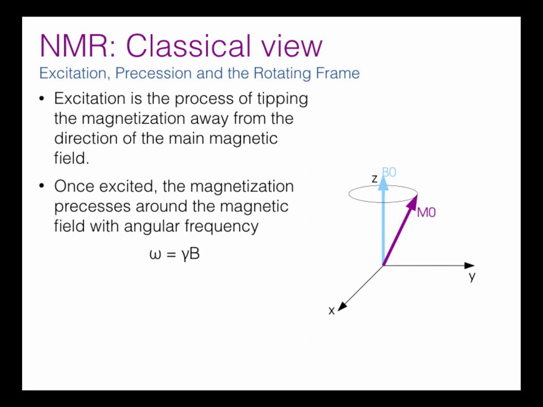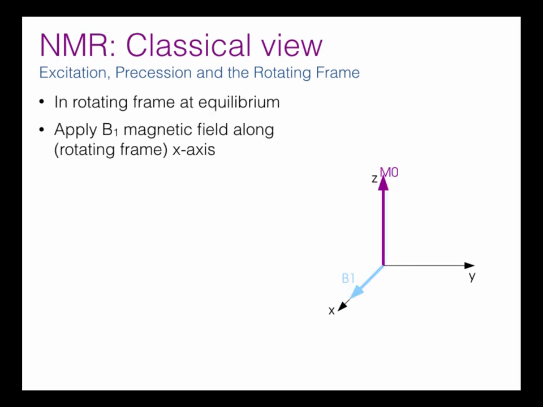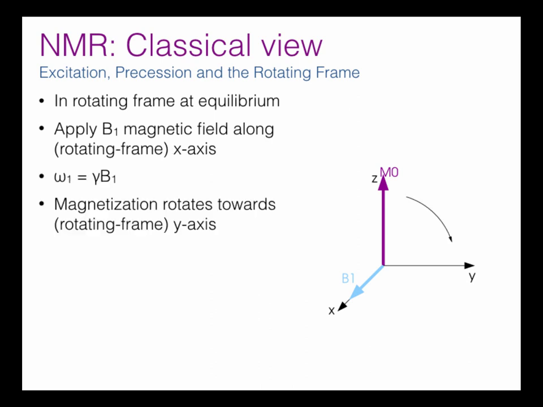In fact, the magnetization wants to rotate around that B1. So what happens is the magnetization starts tipping like this. Well, actually, it should probably tip the other way, because of the way I've written the equation, but we'll let that go. So the magnetization wants to rotate around this new B1 magnetic field towards the y direction. And so this is how we can get our excitation done and tip the magnetization away from the main B0 field. We have to apply a B1 field in the x direction in the rotating frame.